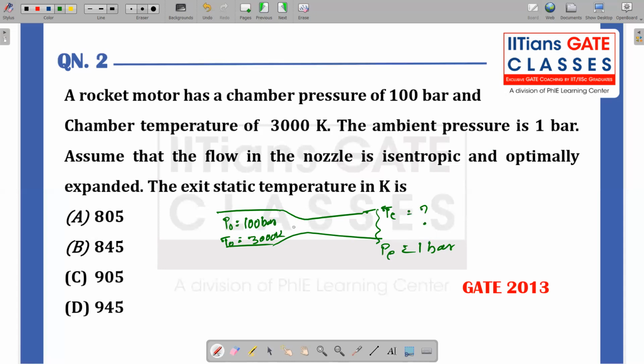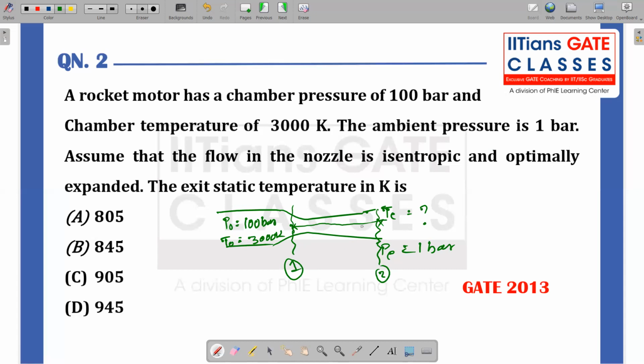If I take a streamline which is passing through the nozzle, from state 1 to state 2, state 1 is at the combustion chamber of the rocket, and state 2 is nothing but the exit.